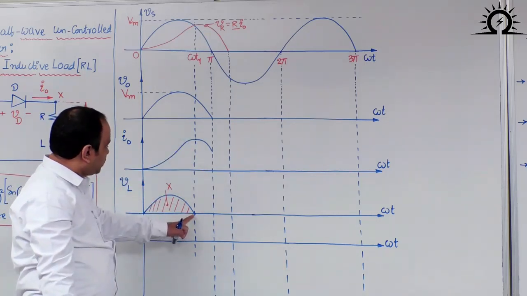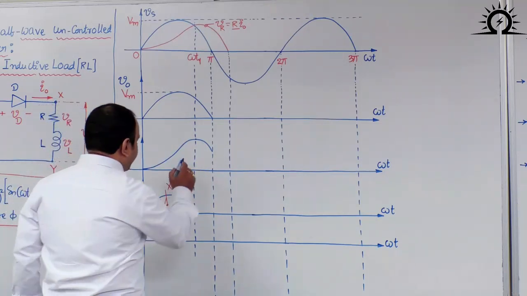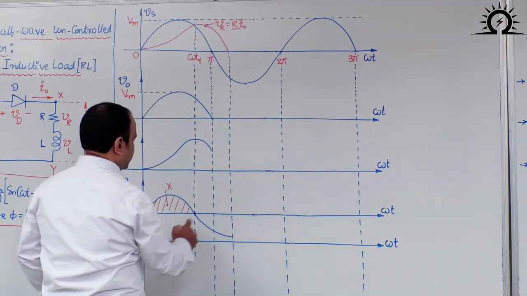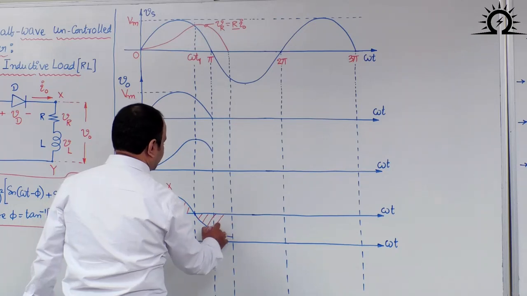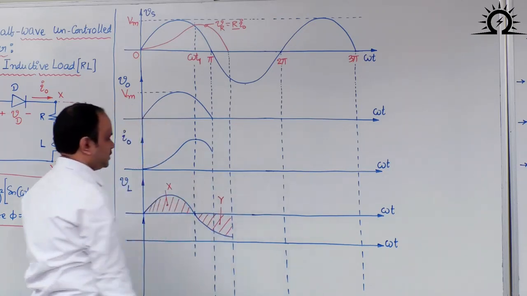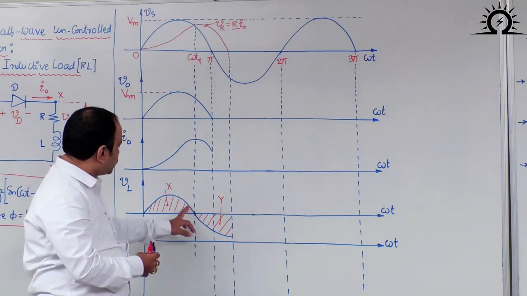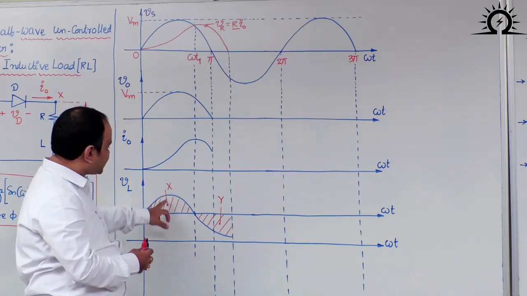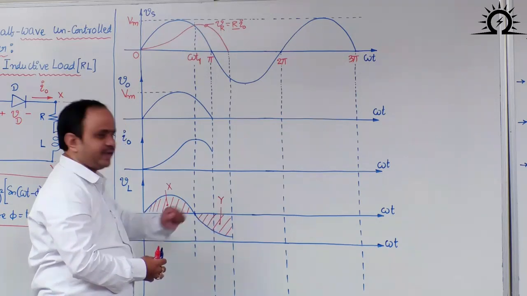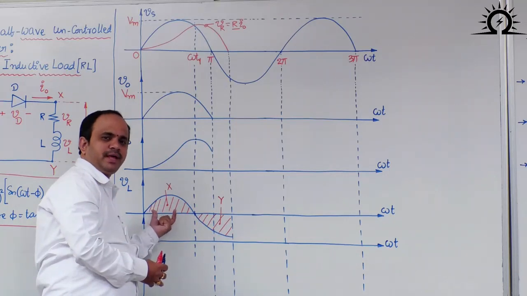Now at omega t1, voltage across the inductor is 0. That is what we discussed. Beyond omega t1, voltage across the inductor is negative. Let me shade this portion, and the area of this portion is Y. Observe carefully here. The area shown by shaded part X equals the area shown by shaded portion Y. Wherever these two areas are equal, what do you mean by that?